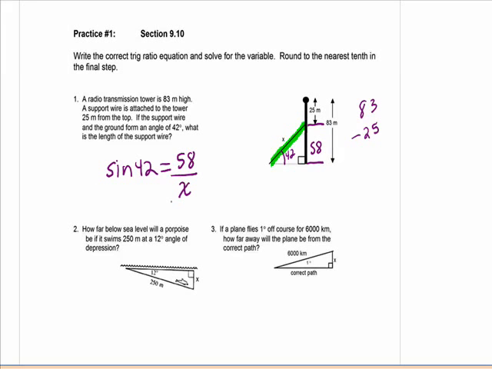Now, there's a couple things you could do to solve a problem where the x is in the denominator. You can always treat this as a proportion and cross multiply. So if I were to do it that way, I would have sine 42 times x equals 58. Now I would divide each side by the sine of 42.